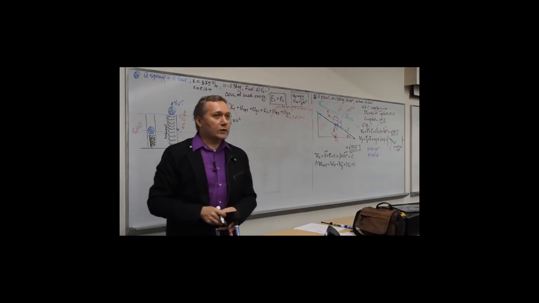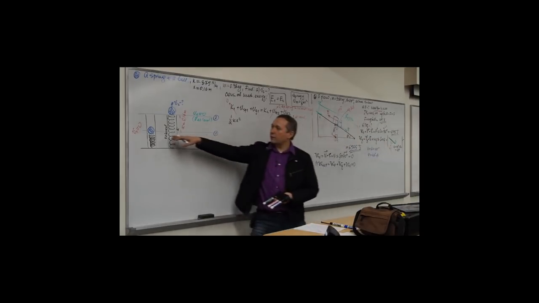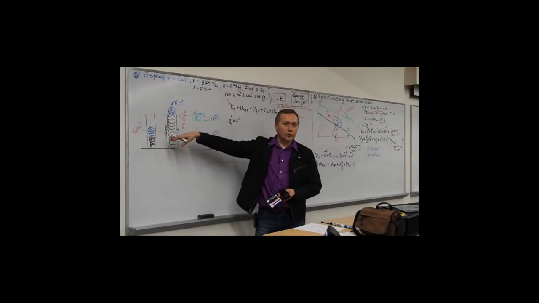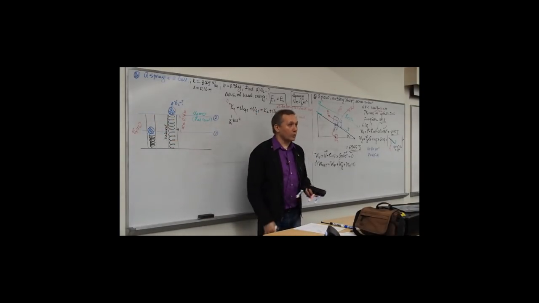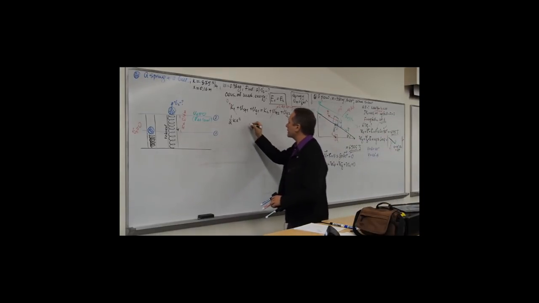Gravitational potential energy, positive or negative at point 1? Negative. Of course it is negative, right? Because level 1 is below level 2. Whenever it's below, potential energy is negative, so of course we have to put the minus manually.